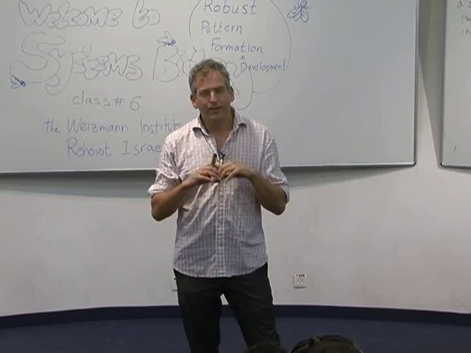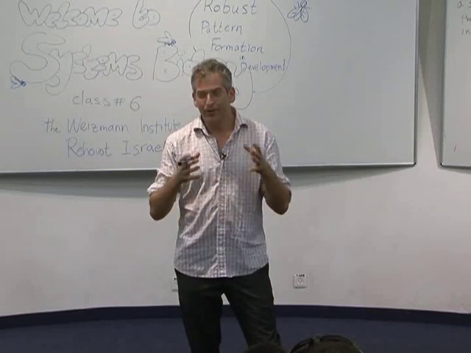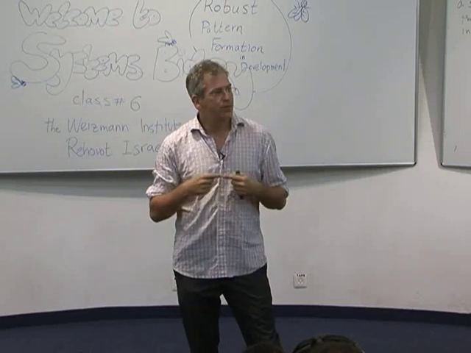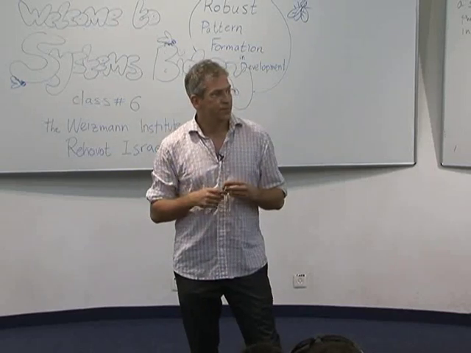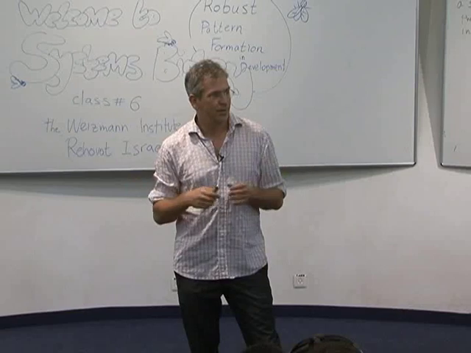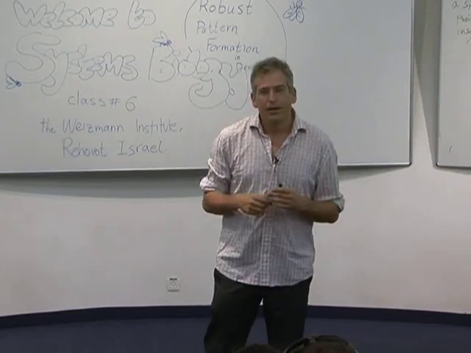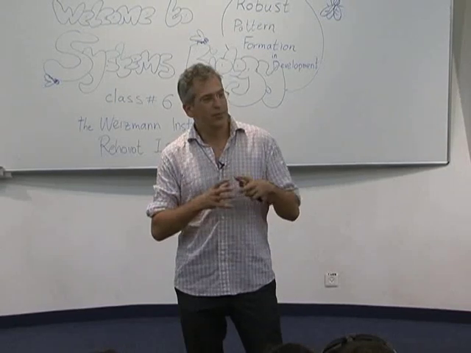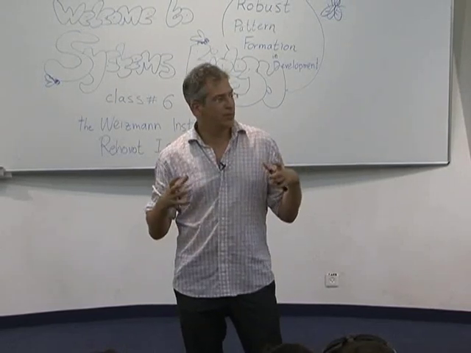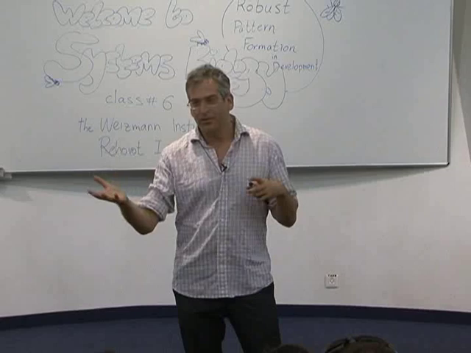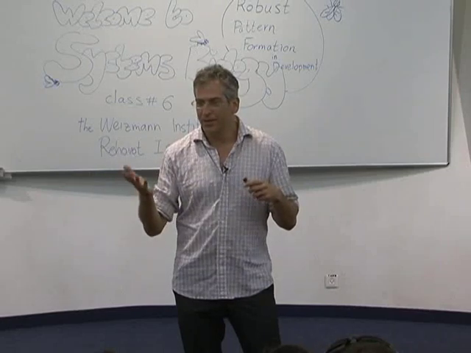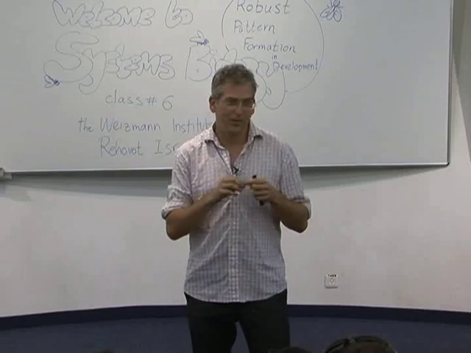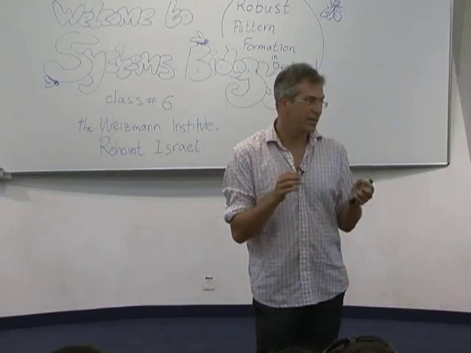And it starts dividing. 2, 4, 8, 16, 32, right? All those cells have the same DNA, same genes. But at a certain stage, the embryo starts to form different kinds of cells. Muscle, bone, skin, brain, heart, right? Despite the fact that all those cells have the same DNA.